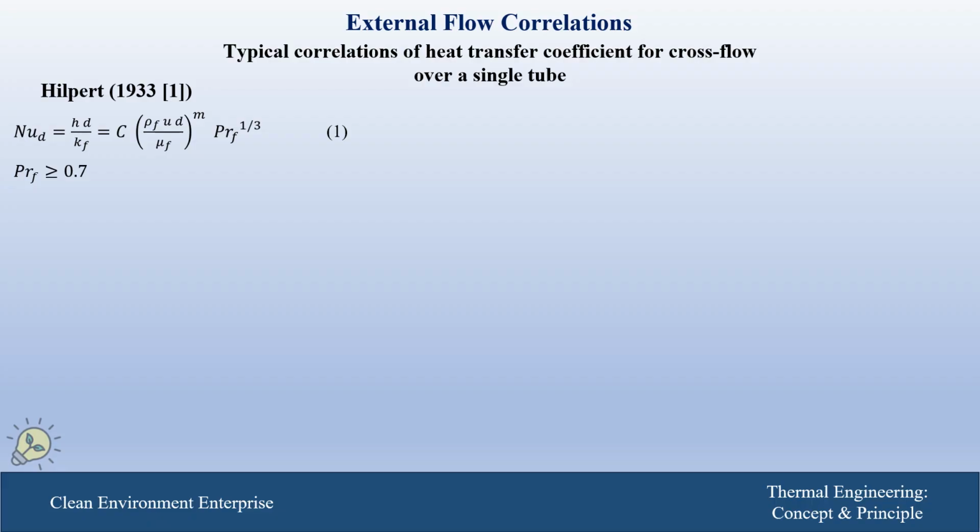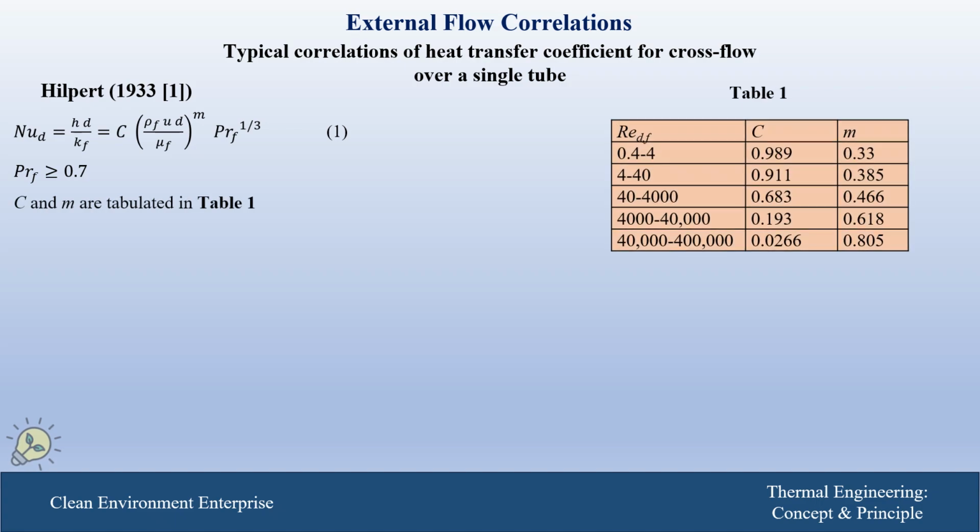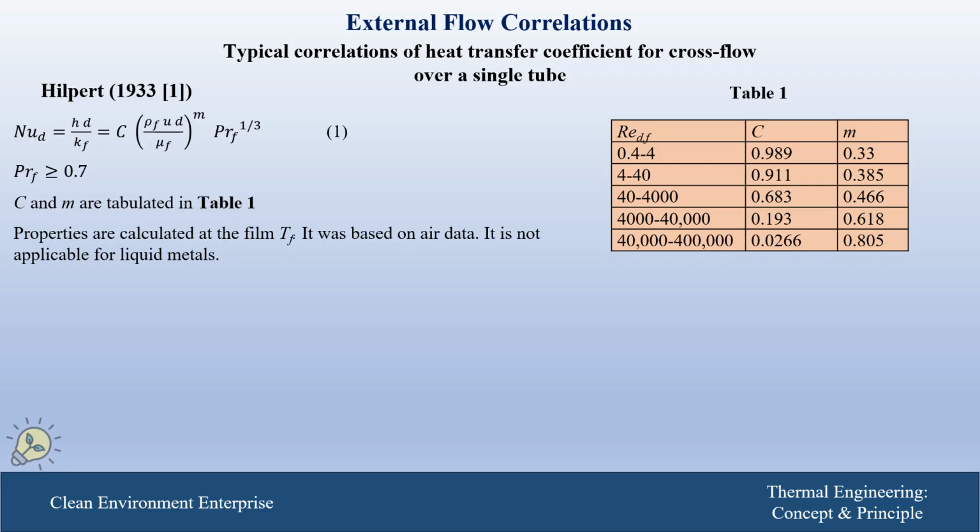And of course, there is a limitation for this correlation, which can be shown in table 1, where we can get the coefficient C and the exponent m from this table, depending on the range of Reynolds number, and it is applied up to 400,000 for Reynolds number, and the properties should be obtained at the film temperature, and it is not applicable for liquid metals, as recommended by Hilpert. This is one of the correlations.